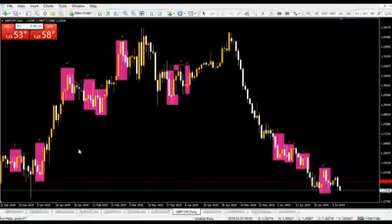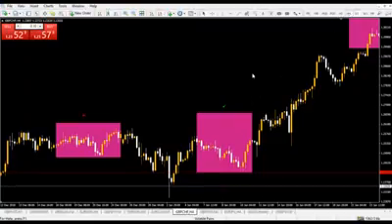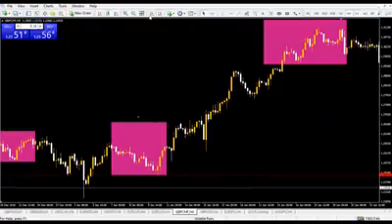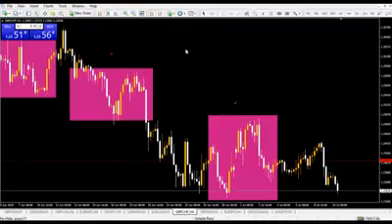So, all right, guys, that is what I call the 2x2 trading strategy. You want to do this on higher time frames, but if you want to drop down, you'll see where this trade does work out for the 4 hours.